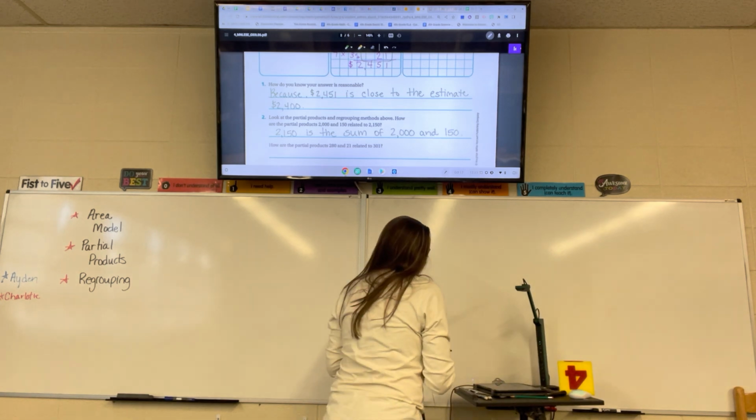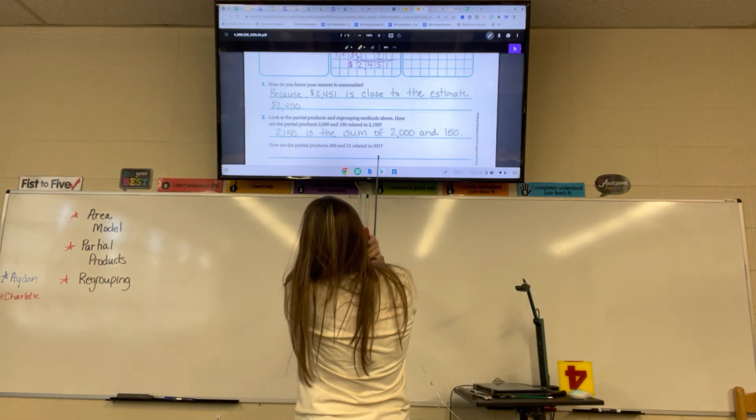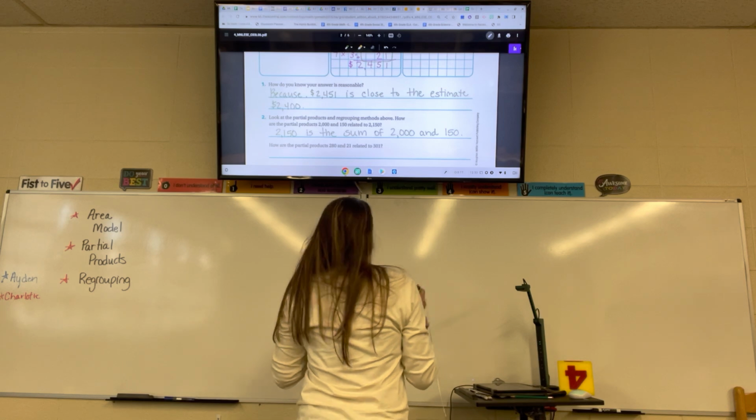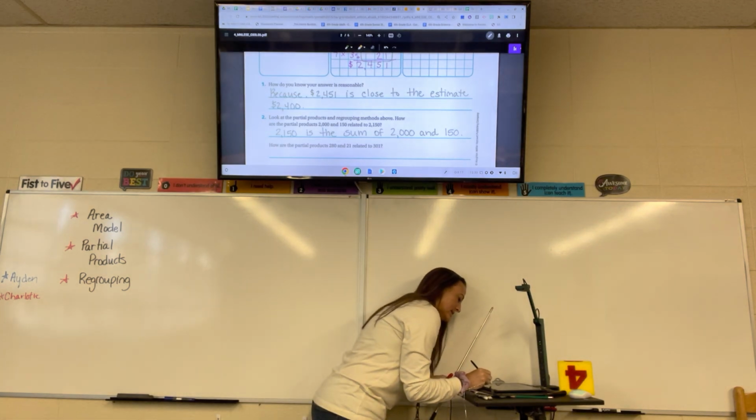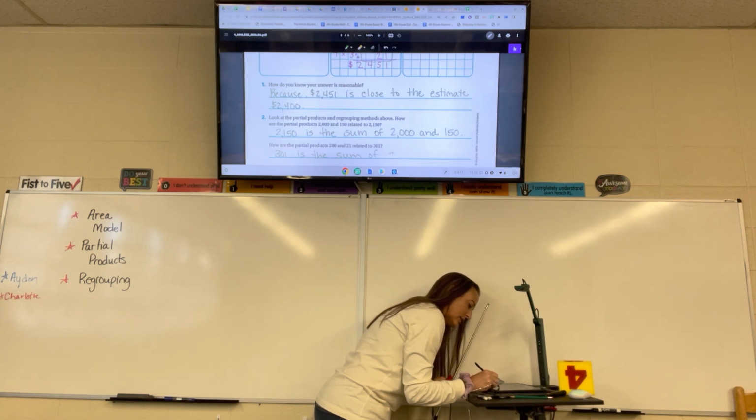And along that same line, how are the products 280 and 21 related to 301? 301 is the sum of 280 and 21.